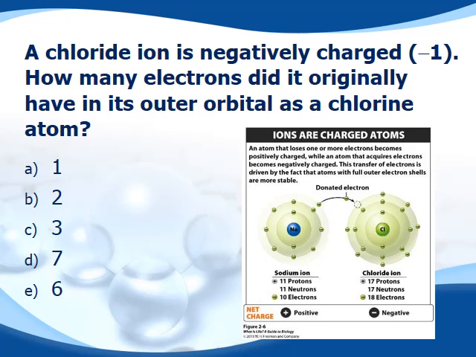Remember that we're looking at the positively charged ion. The correct answer is A. The sodium ion that is positively charged has more protons than electrons. So we're looking at the sodium ion, which donated the sole electron from its outer orbital.